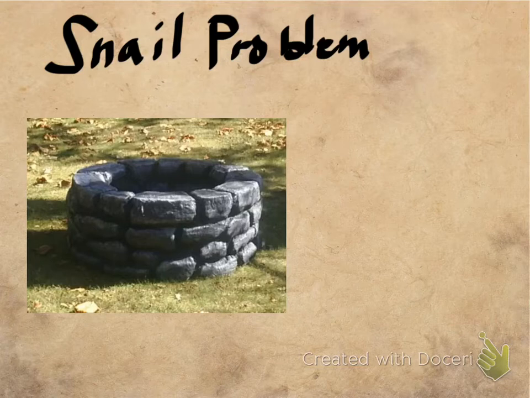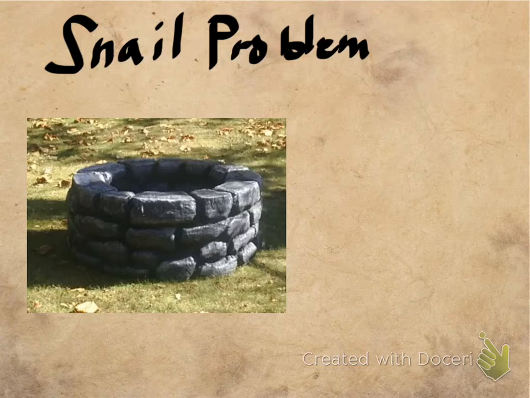Snails are not usually known for speed, and this is a really slimy well on the inside, so the snail can climb up, and he can only get about 2 feet per day. But then he's got to rest. He's got to take a break, and when he's resting, because the wall is so slippery, he actually slides back down a foot. So every day, he climbs up 2 feet, then he goes to sleep, and he slides down 1 foot. And that happens each day, up 2, down 1.